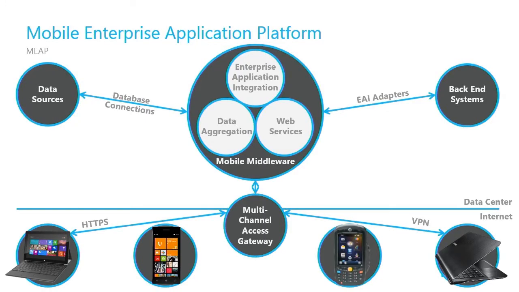Then you see this line going across here, and everything above that is the data center. So you see this circle for multi-channel access gateway. This is the way we securely publish those web services or websites, it could be your ASP.NET websites, out to the internet to be consumed from a variety of mobile devices, as you see here. Some of these devices can securely consume it with a VPN.